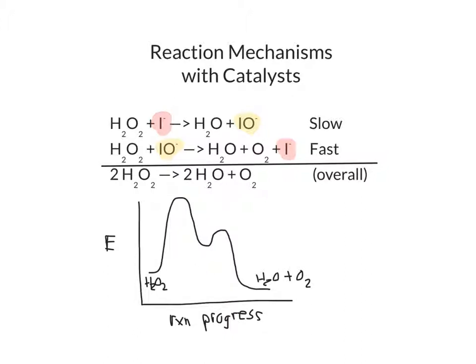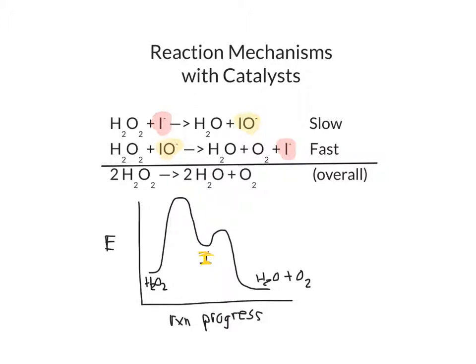Along the way, we're making some intermediates. So we have our intermediate, which we've highlighted in yellow up there, and the first reaction is going to go slower without the catalyst than it would with the catalyst.